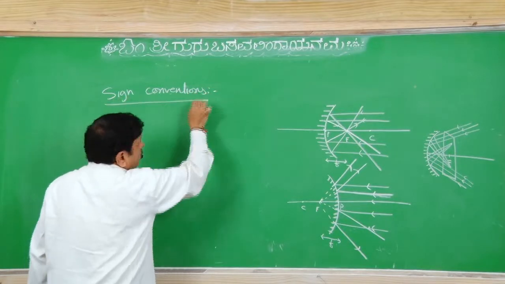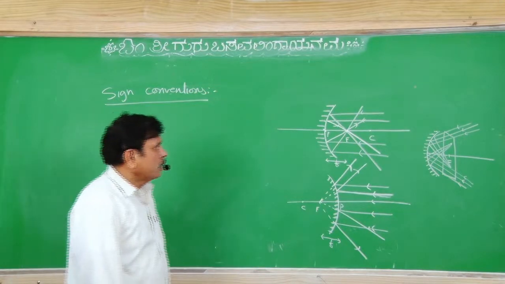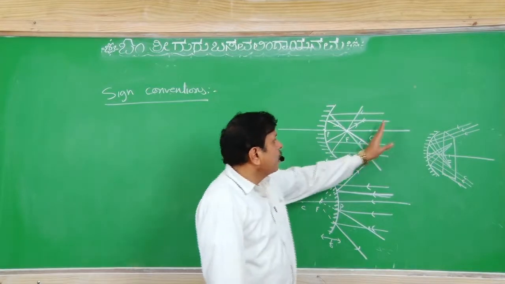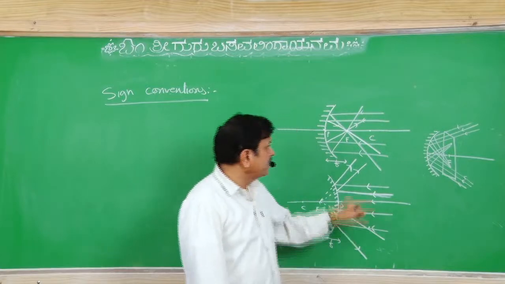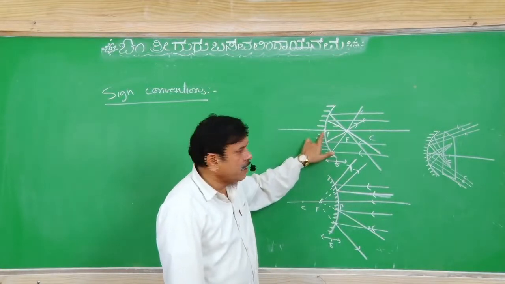Sign conventions. Now what we'll be doing? Suppose an object is kept here, then the distance of the object is measured from the pole itself.